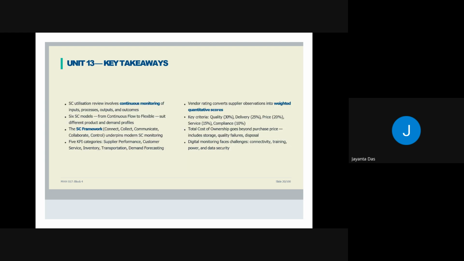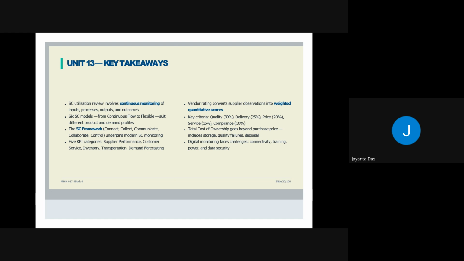Hence, the key takeaways from this unit are: sub-center utilization review involves continuous monitoring of input, process, output, and outcome. So for all those indicators we have discussed, we need to do continuous monitoring. Supply chain models range from continuous flow to flexibility, which suit different products and demand profiles.